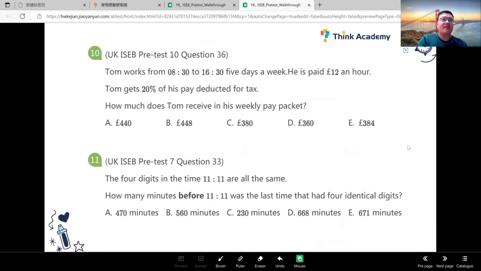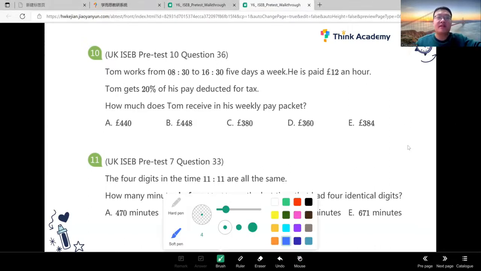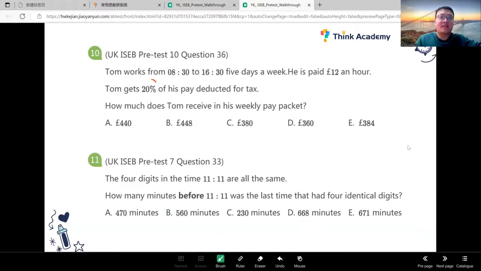Question number 10. It's not very hard. It says Tom works from 8:30 to 16:30, 5 days a week. He's paid 12 pounds an hour, and Tom gets, say, 20% of his pay deducted for tax.